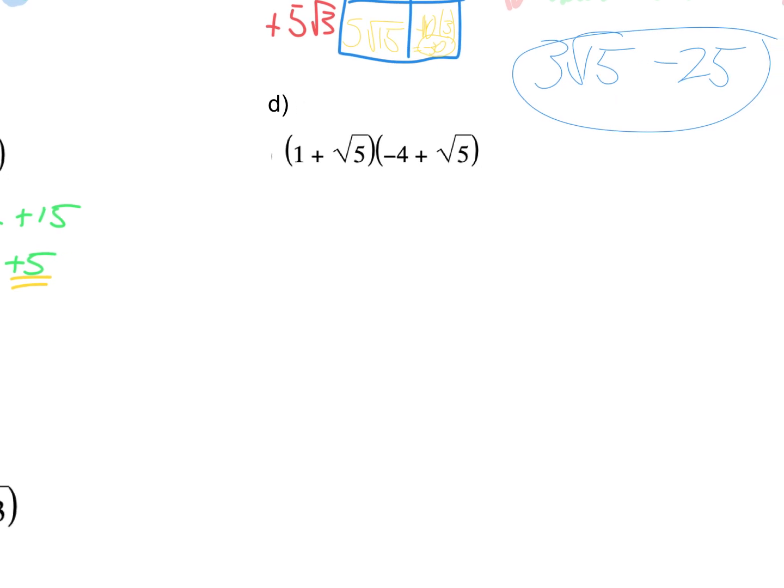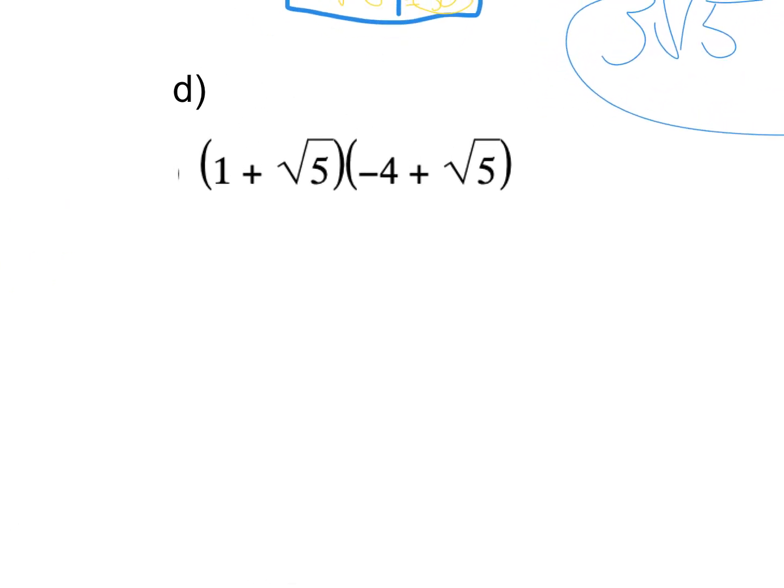Okay, looking at D. We have 1 plus square root of 5 times negative 4 plus the square root of 5. So I'm going to distribute my 1 and my square root of 5. So when I distribute my 1 to the second binomial, I get 1 times -4, which is just -4.